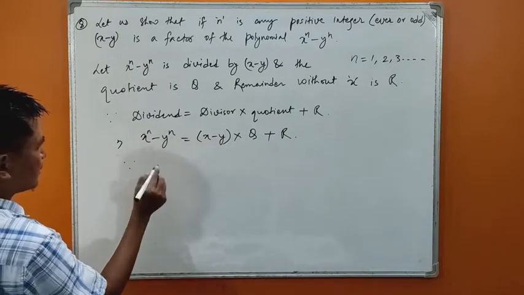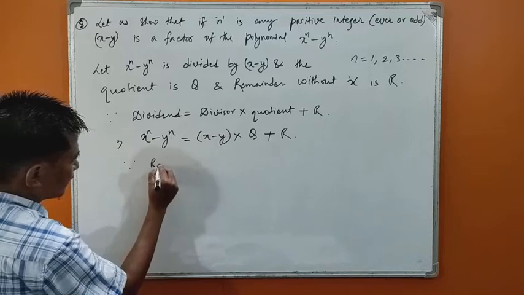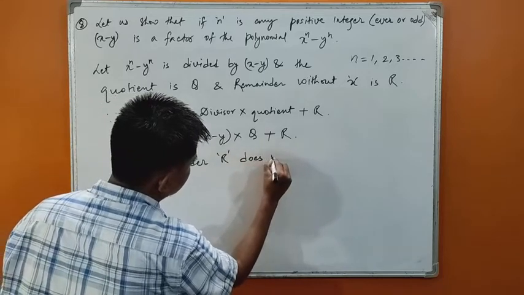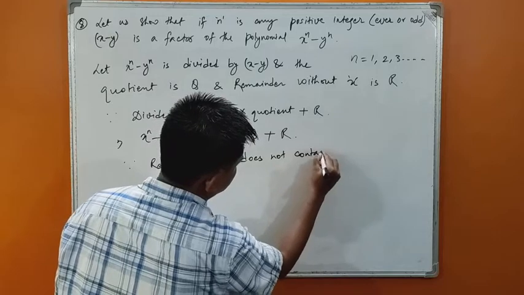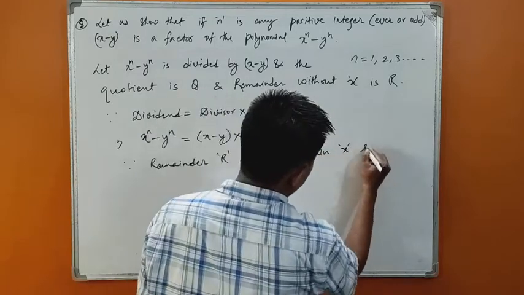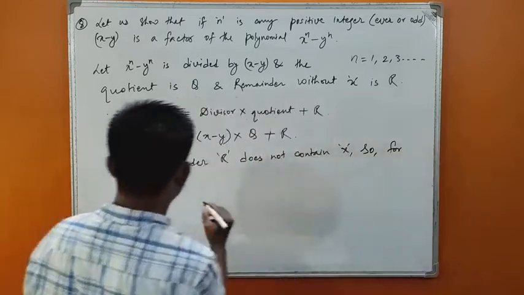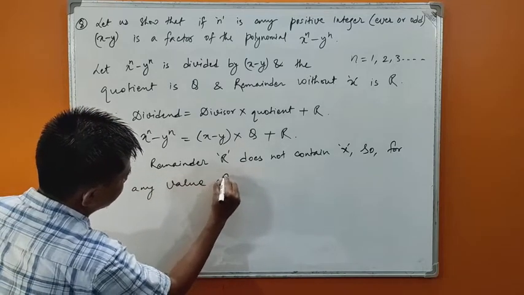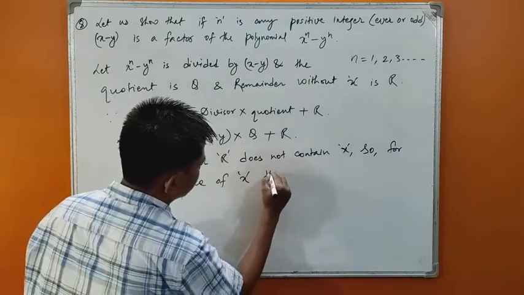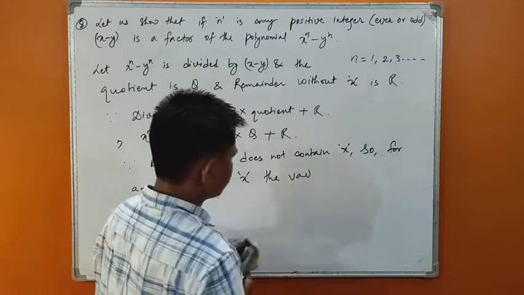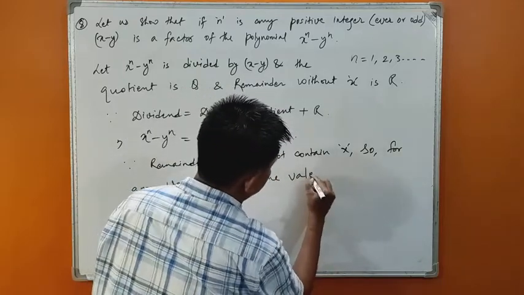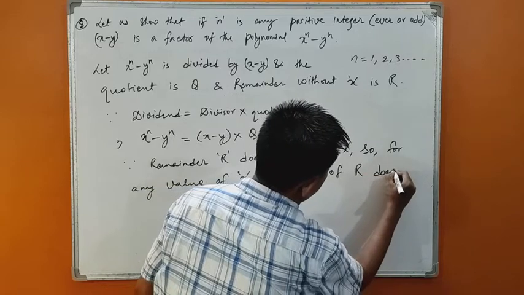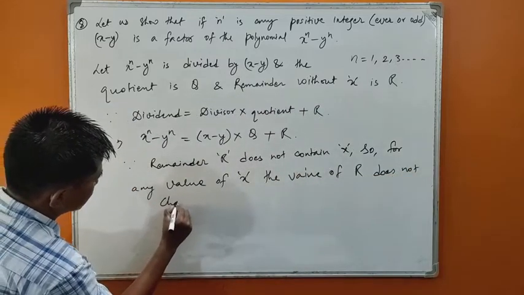So since the remainder r does not contain x, for any value of x the value of r does not change, isn't it?